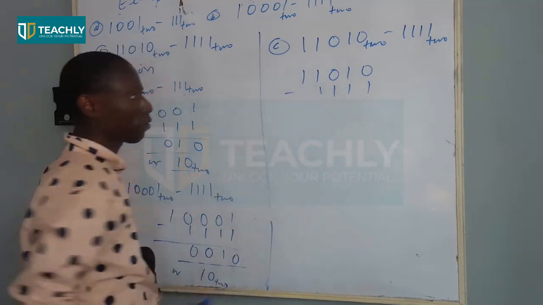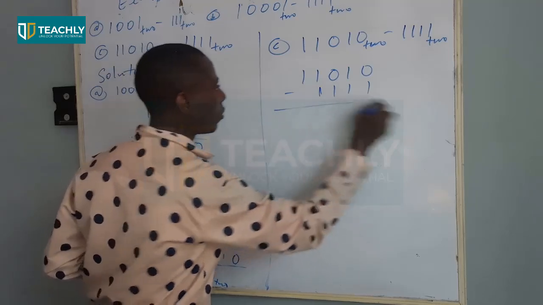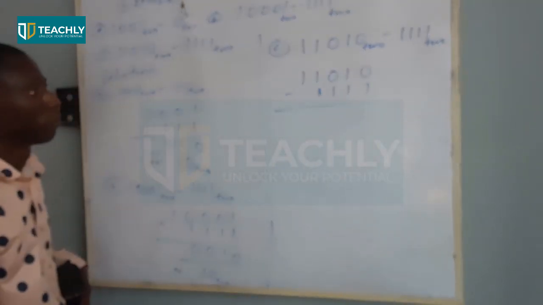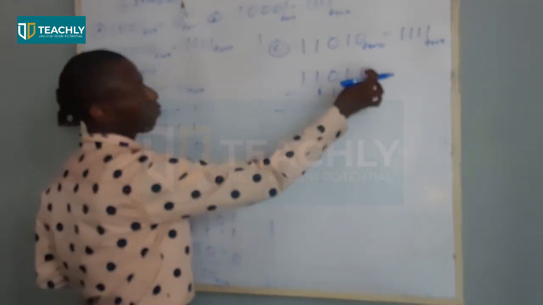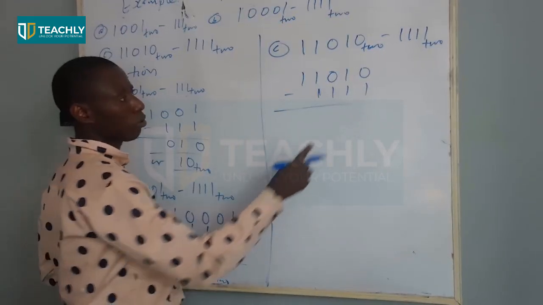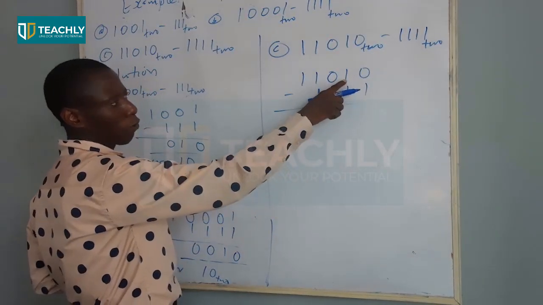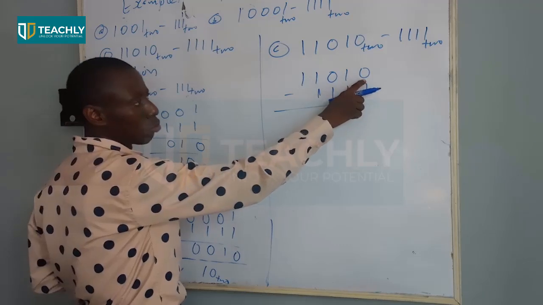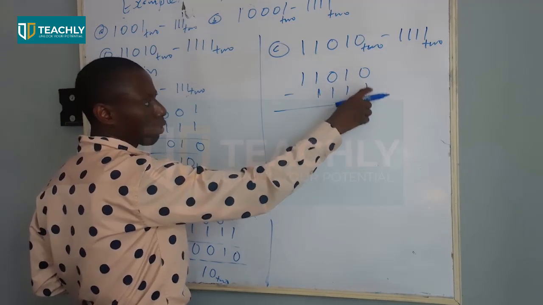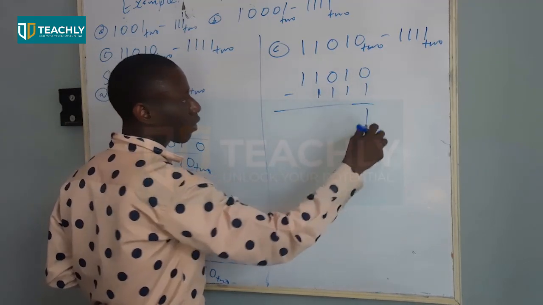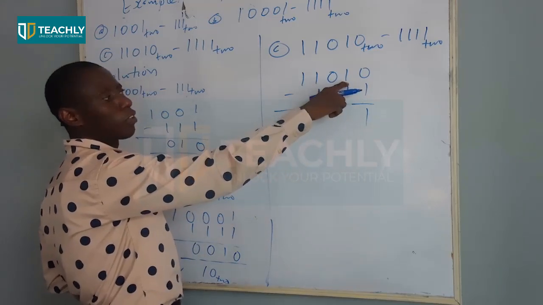So put your minus here. Let's subtract. If you look at this, 0 minus 1. So you need to borrow 1 from here. You borrow 1, the 1 turns to 2. So here you have 2. 2 minus 1, here you have 1. This place remains 0 since you borrowed 1 from here.